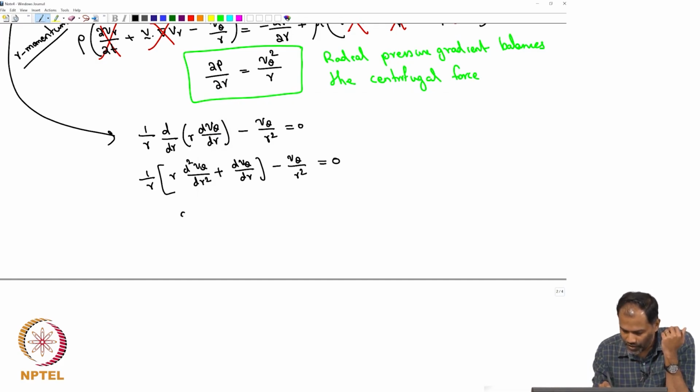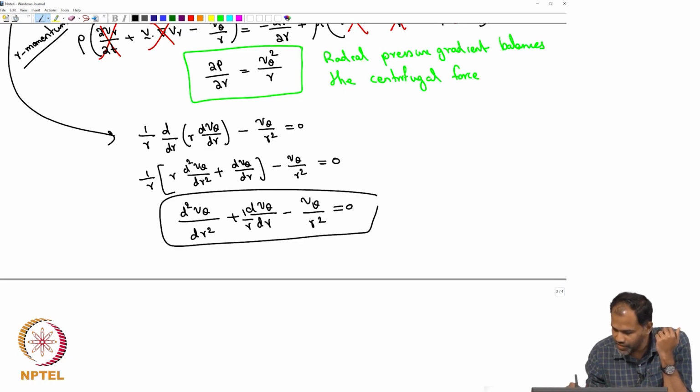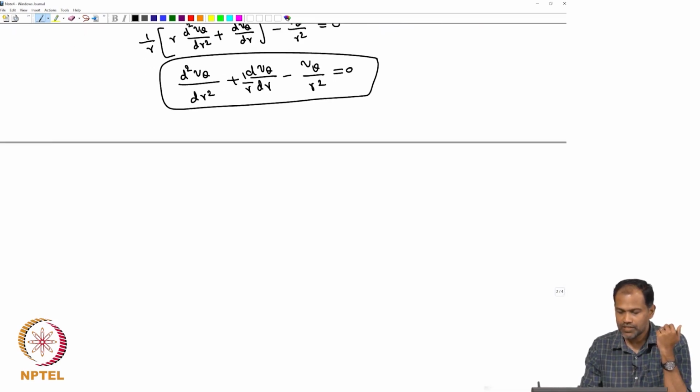Or d square v theta by dr square plus 1 over r dv theta by dr minus v theta by r square is equal to 0. So, that is the differential equation that we need to solve to calculate what v theta is.